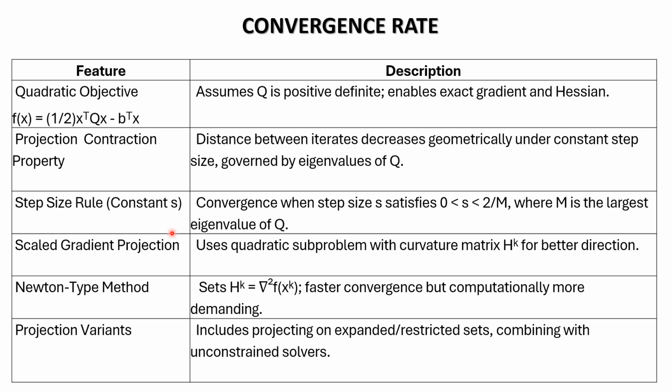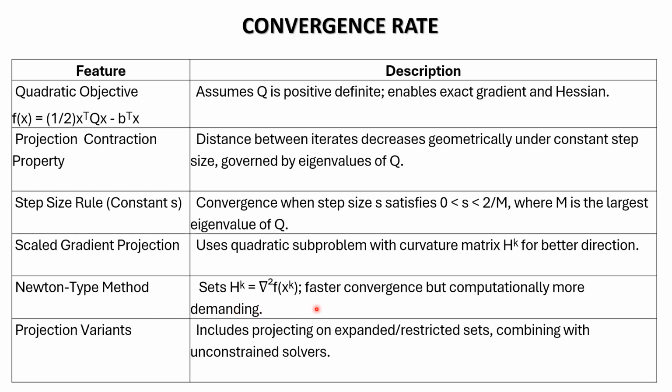For scaled gradient projection, we can use a quadratic subproblem with curvature matrix Hessian for a better direction. It then allows several variations, like the Newton-type method, which sets the Hessian as the second derivative.